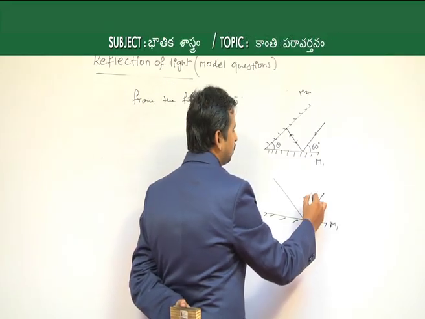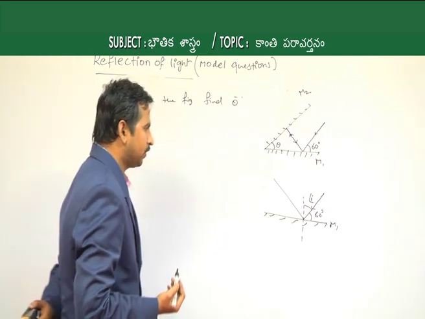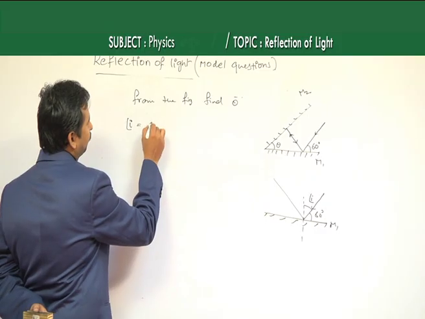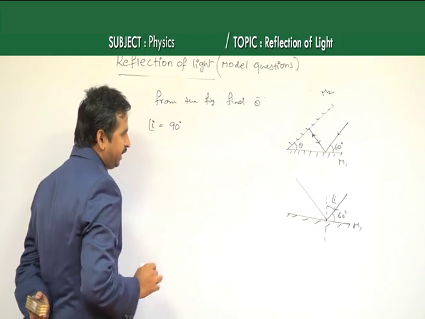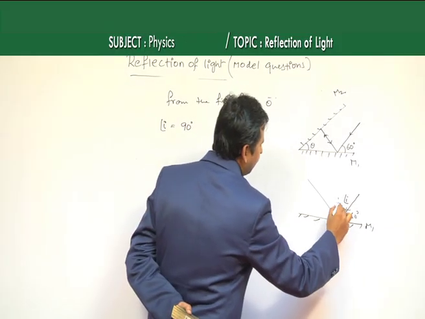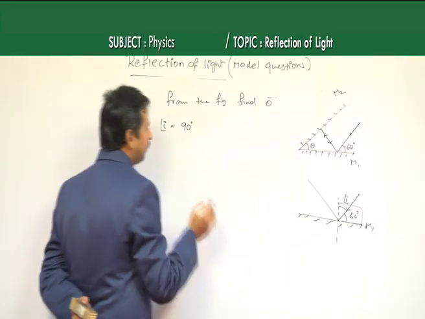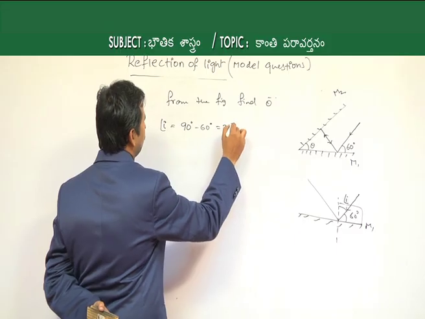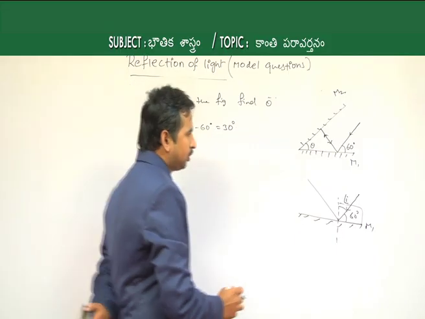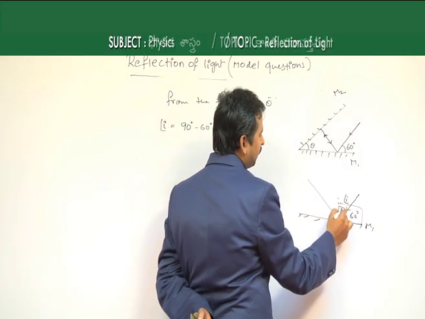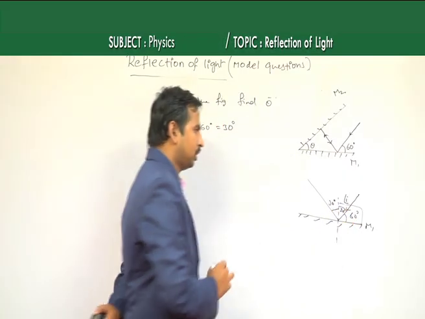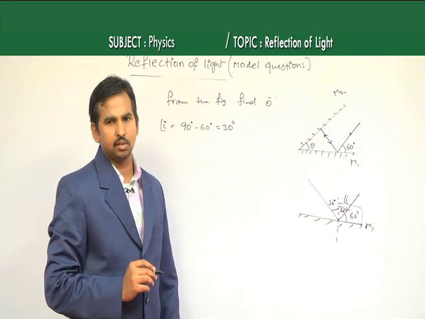That angle of incidence becomes 90 minus 60, because the normal makes 90 degrees and this 60 degrees is present within it, which equals 30 degrees. So the angle of incidence is 30 degrees, and on the other side the angle of reflection is also 30 degrees.